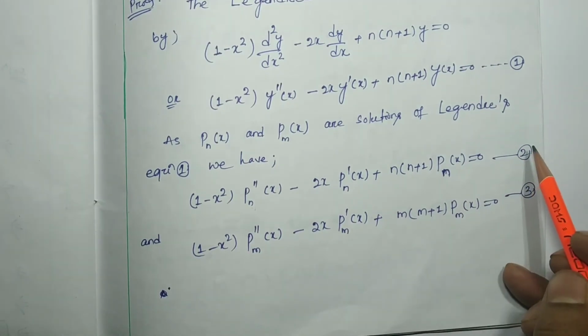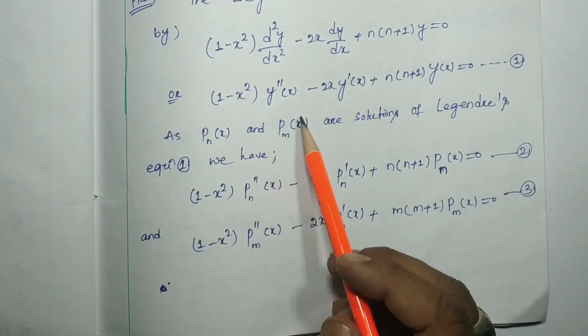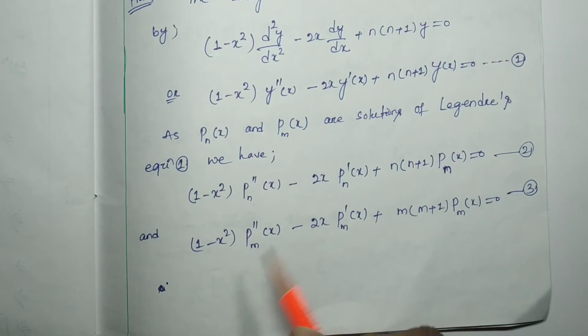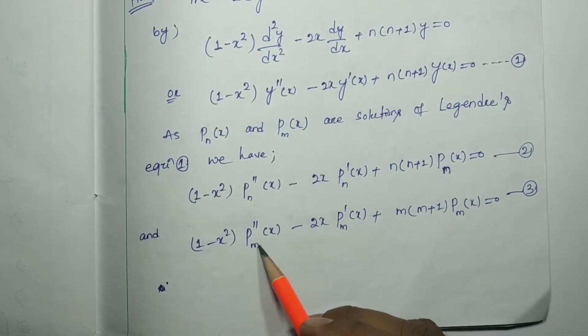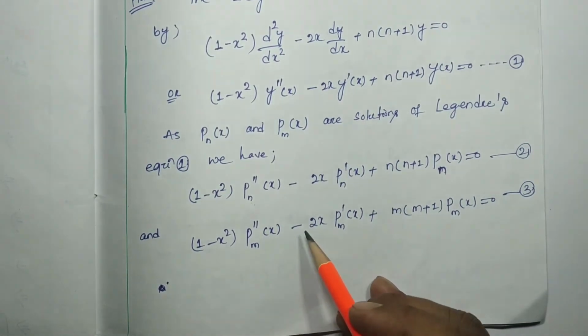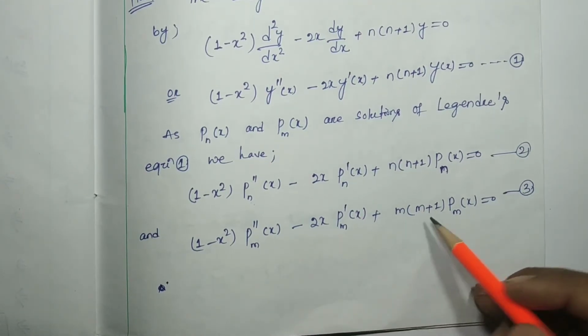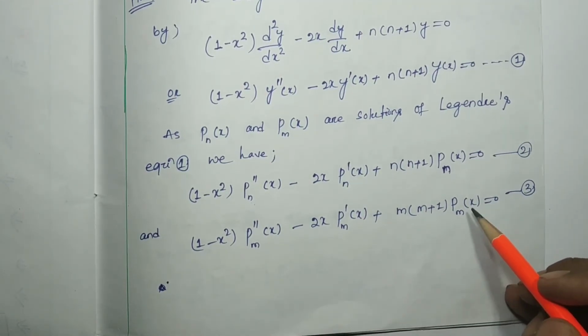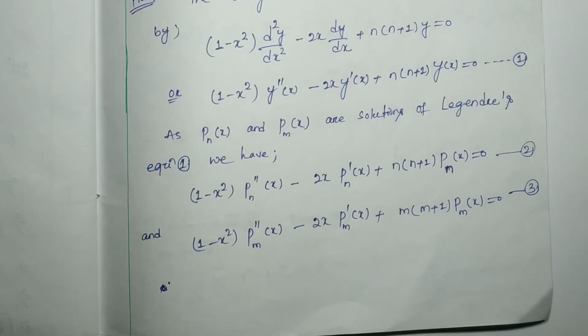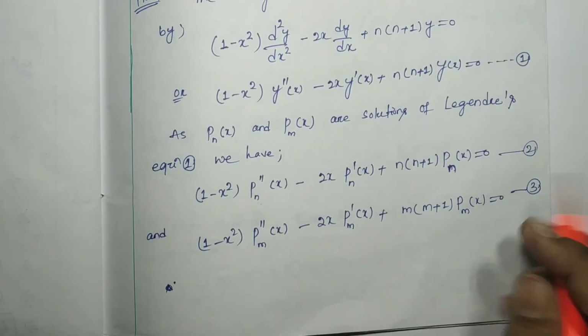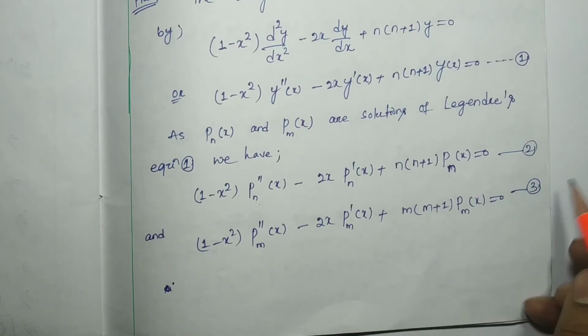Let it be equation number 2. And if we consider Pm(x), then it can be written as (1 minus x square) into Pm double dash (x) minus 2x Pm dash (x) plus m into (m plus 1) into Pm(x) equal to 0. Let it be your equation number 3.